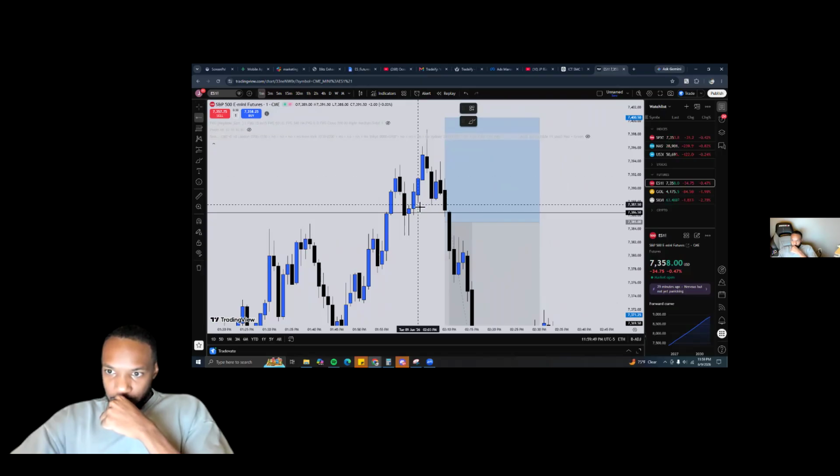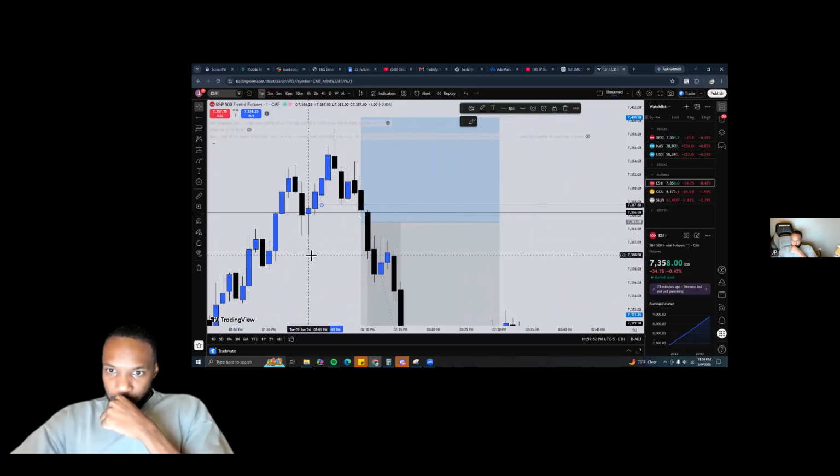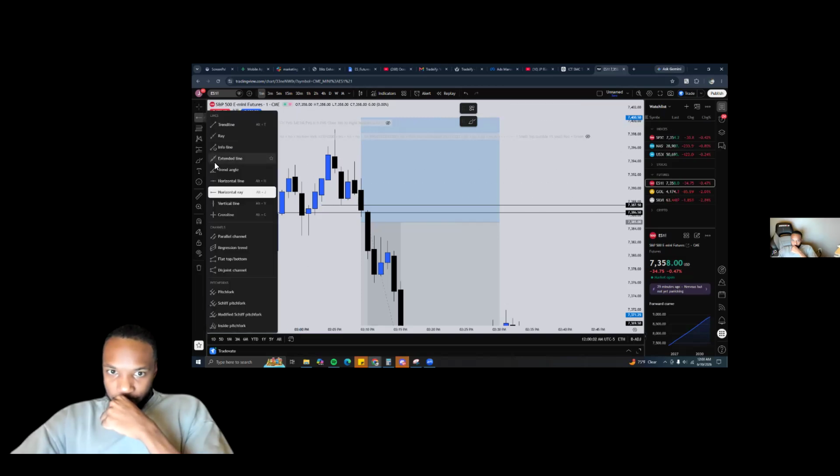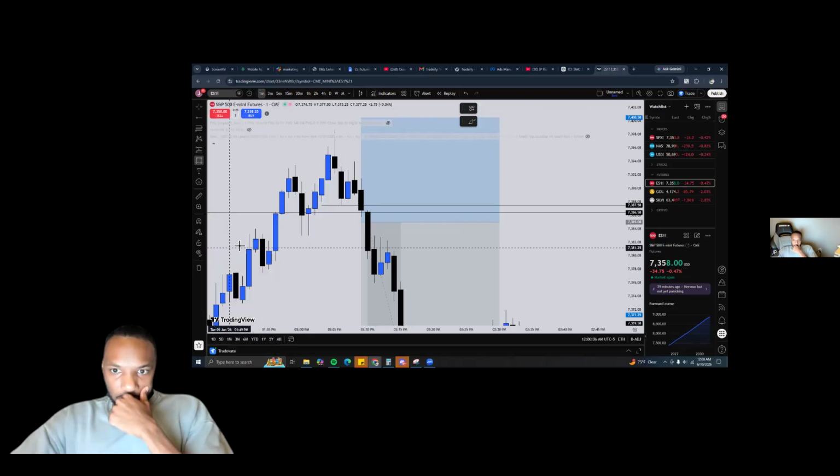Let me mark this out. Boom. That was the low I went off of. I'm like, okay, it closed below. So I'm waiting for a pullback into a fair value gap. Let me get a rectangle so I can illustrate this: one, two, three candles from this point to this point.